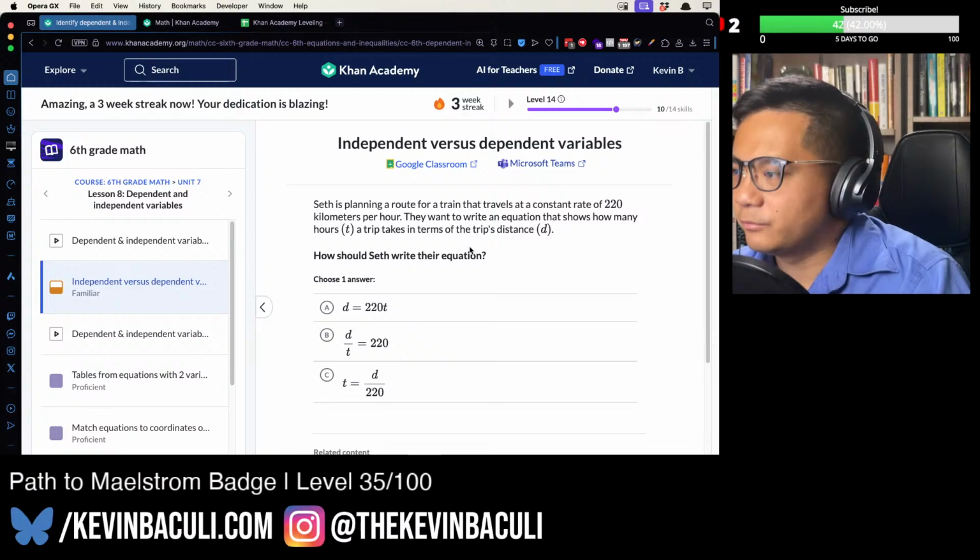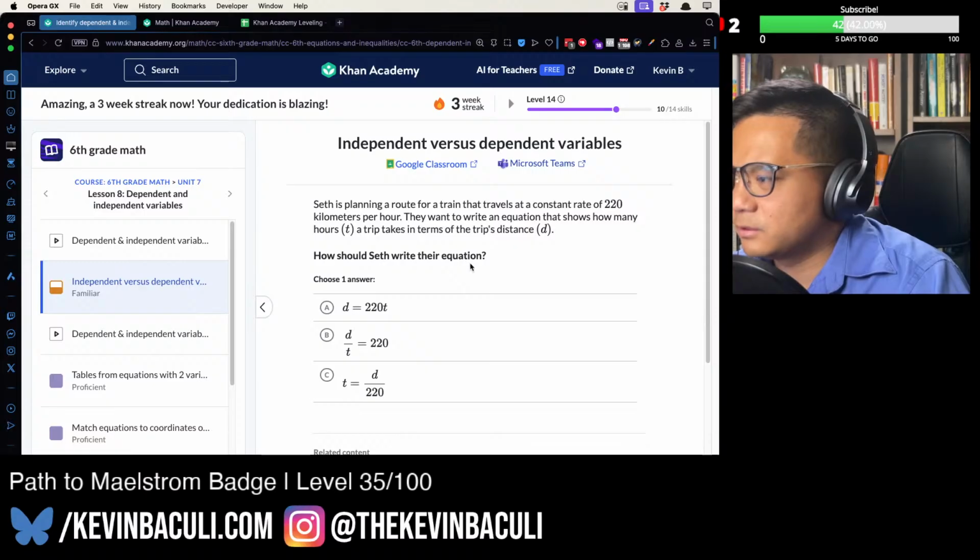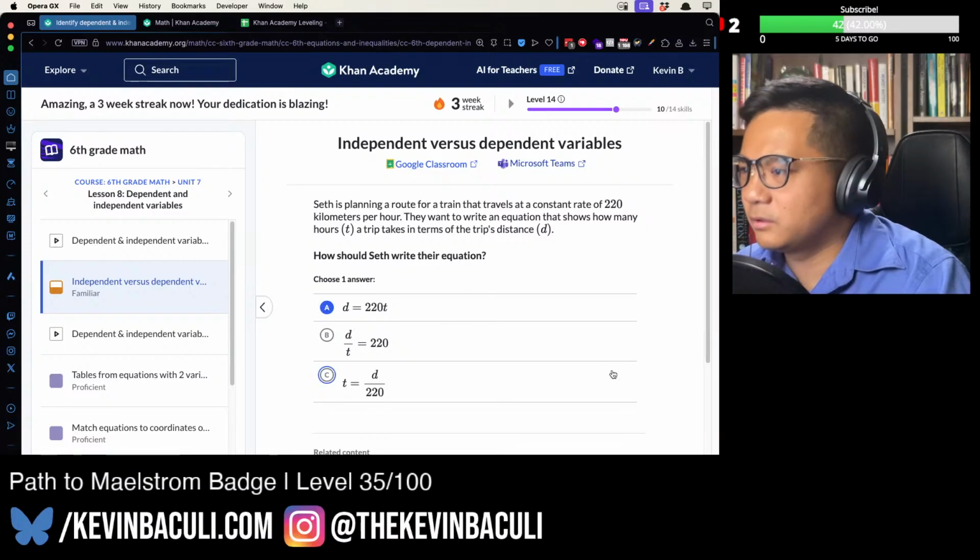Seth is planning a route for a train that travels at a constant 220 kilometers per hour. They want to write an equation that shows how many hours a trip takes. D equals, yeah.